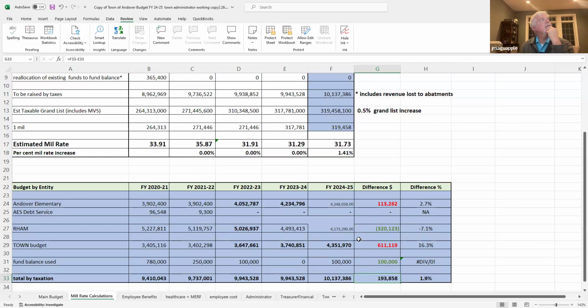Oh, maybe I included 193. Let me see what I did. I get 504. Well, let me do this a different way. If I just go for the big ones and just say this is the change, it's 404 minus 100,000.